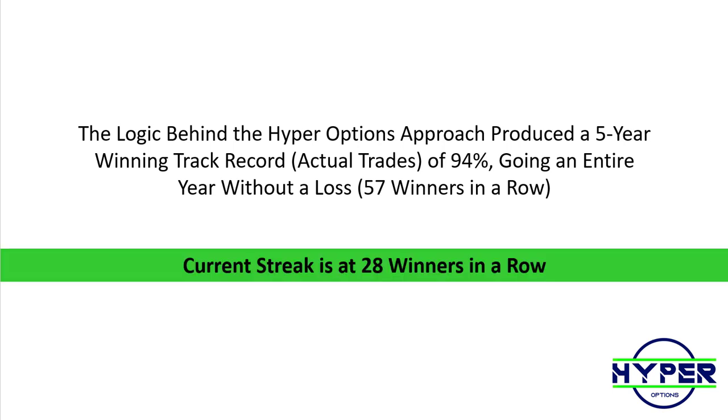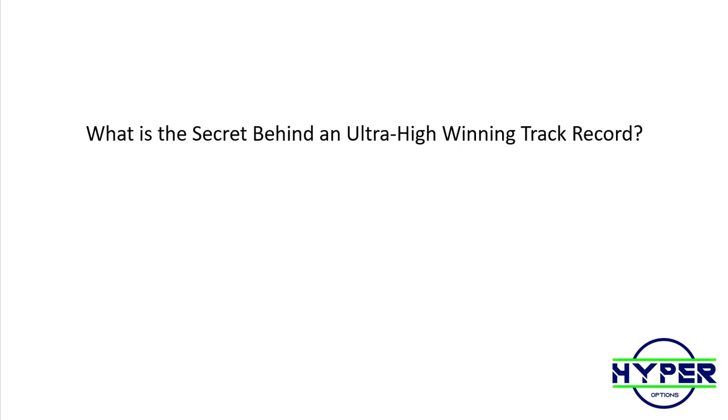And the current streak is at 28 winners in a row as well. So it's doing really well right now. Of course, stocks have been up, and I'll talk about all of that and what the probabilities are long term and how to establish sometimes an ultra high winning track record.